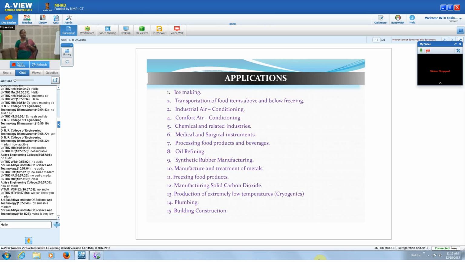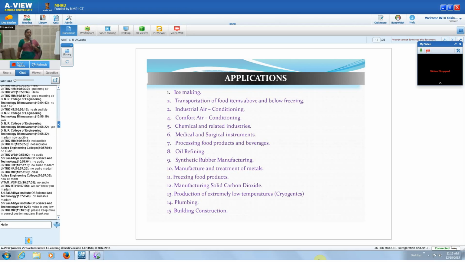For making chemicals, air conditioning is always required. Then medical and physical instruments, for making them and also for operations. This plays a vital role. Processing food products and beverages, and also oil refining, where the temperature is to be reduced.